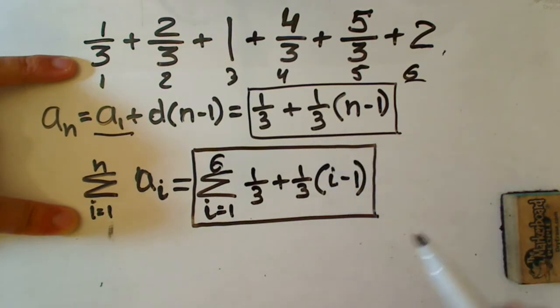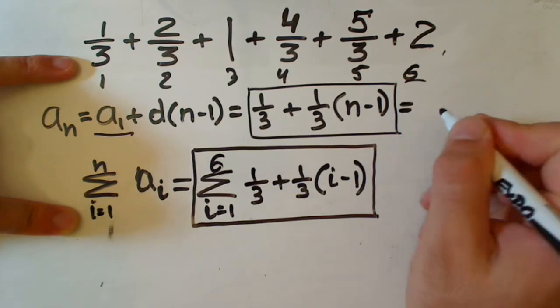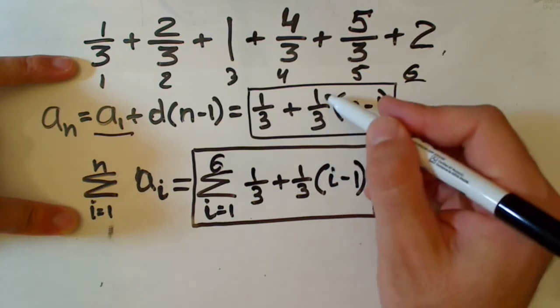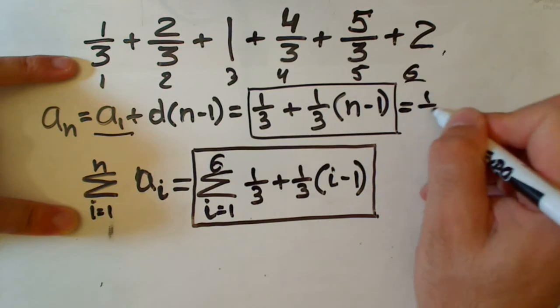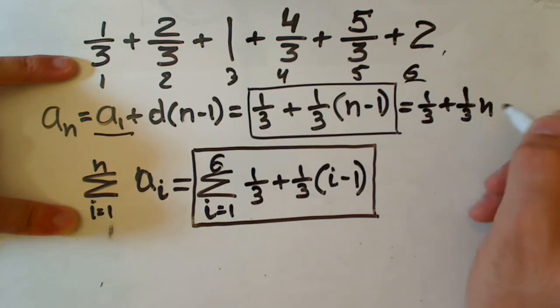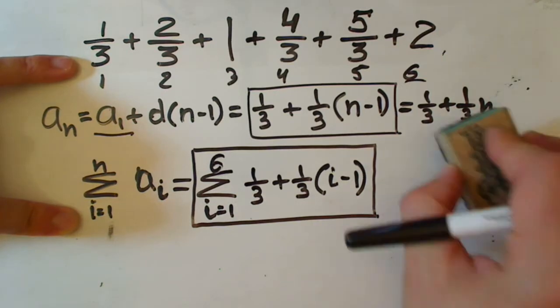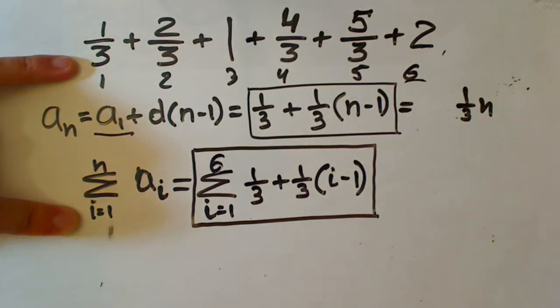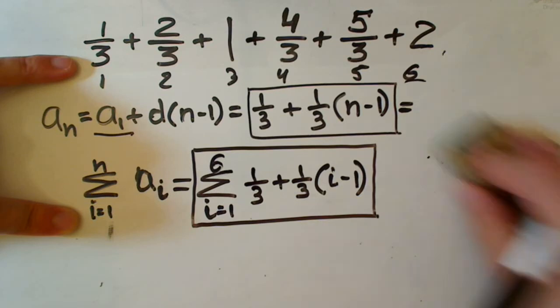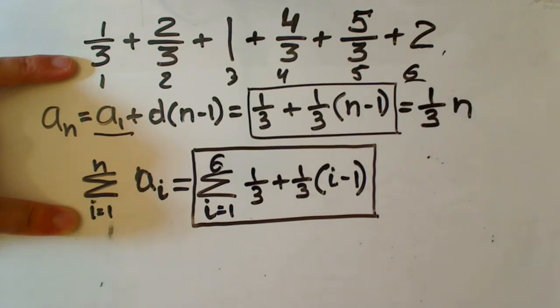Now actually we can simplify this expression by distributing 1/3, and we have 1/3 plus 1/3 n minus 1/3. As you can see, 1/3 minus 1/3 just cancels, and we have our general term, 1/3 n.